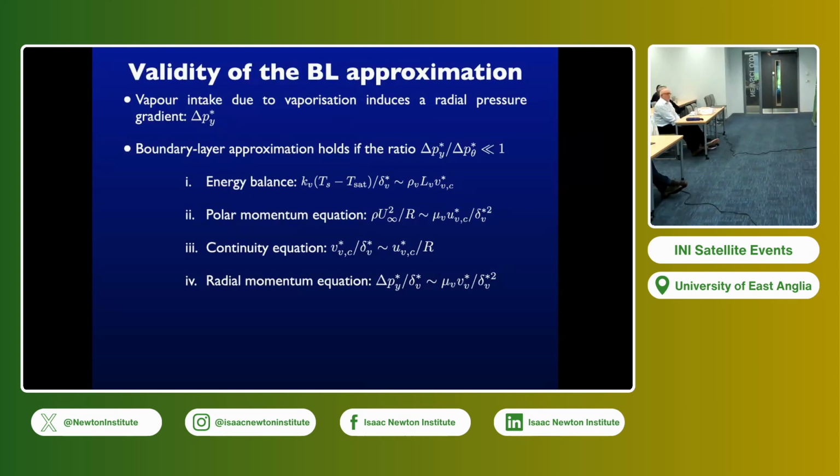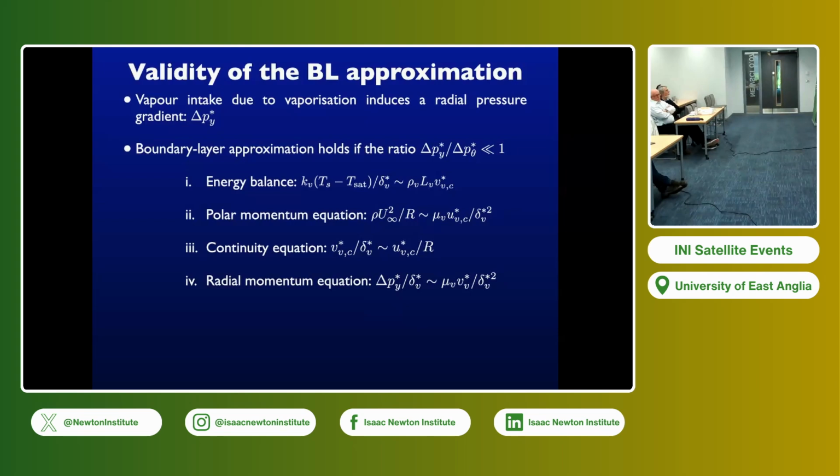From the polar momentum equation, we can compare the pressure gradient with the momentum diffusion, and from the continuity equation, we can have an estimate of the relationship between the radial velocity, the polar velocity of the vapor, and the thickness of the vapor layer.